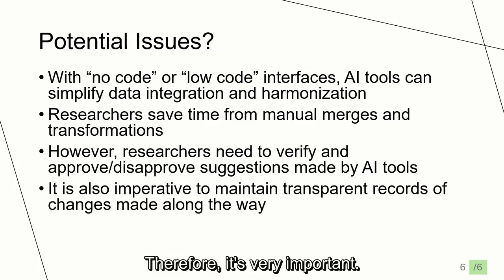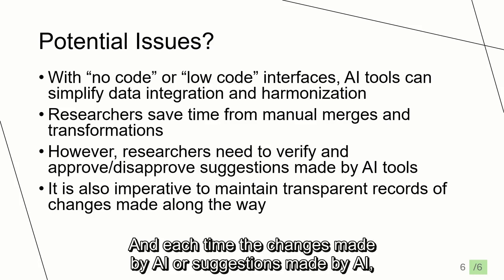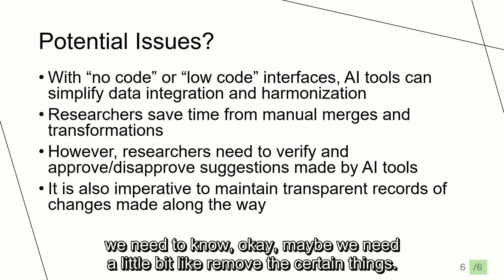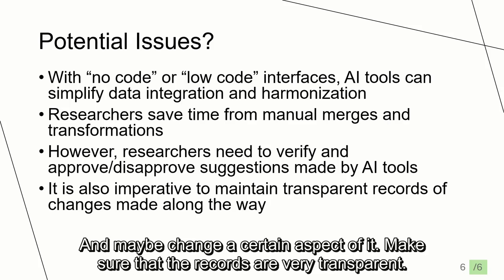Therefore, it's very important that we maintain all the records. Each time there are changes or suggestions made by AI, we need to know, and maybe remove certain things or change certain aspects, to make sure the records are very transparent.